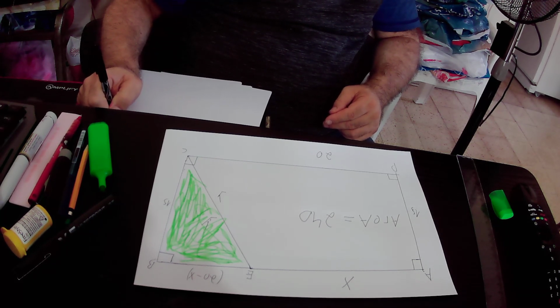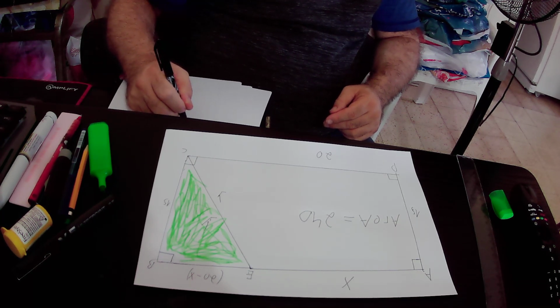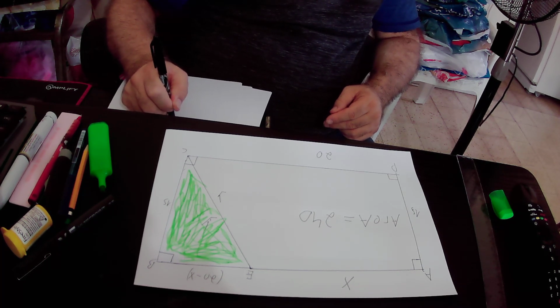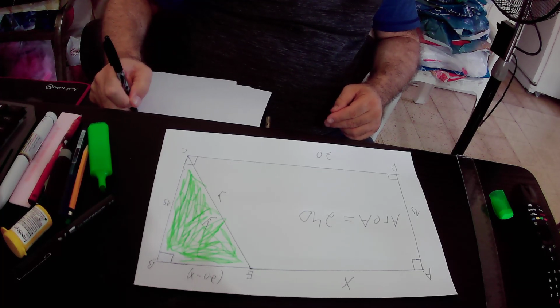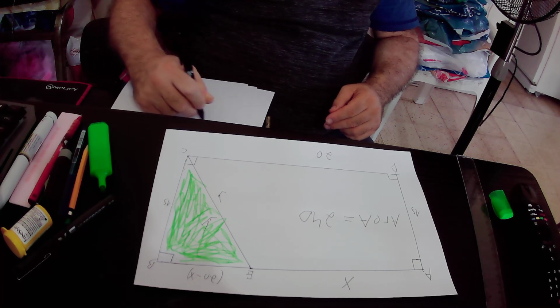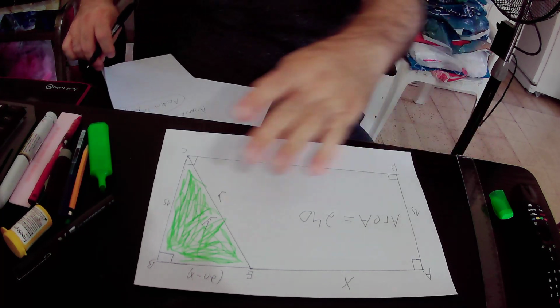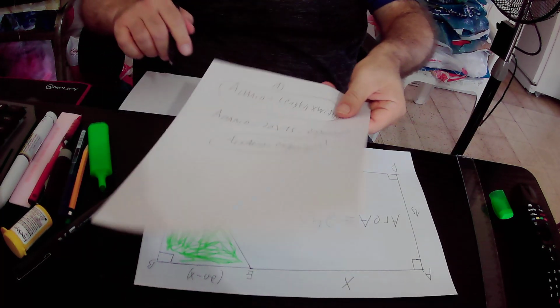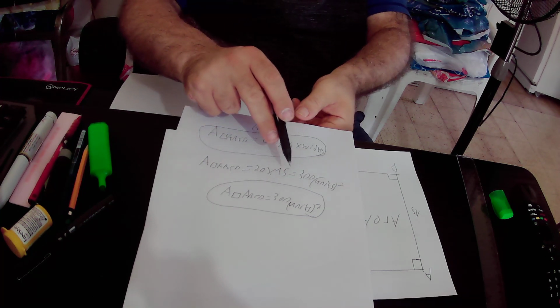Okay, so the area of the rectangle ABCD equals 300 units squared.